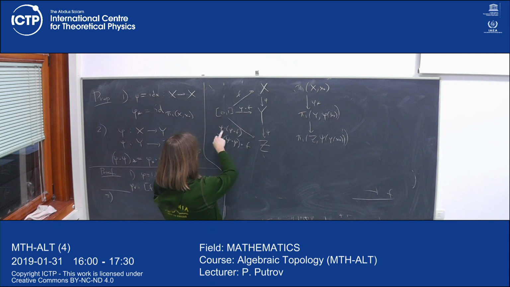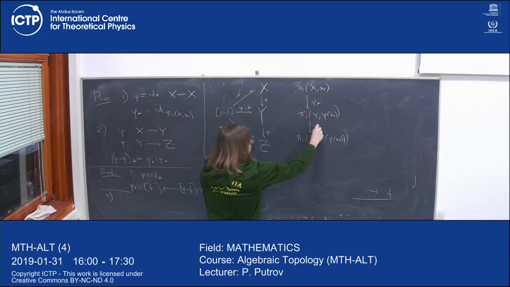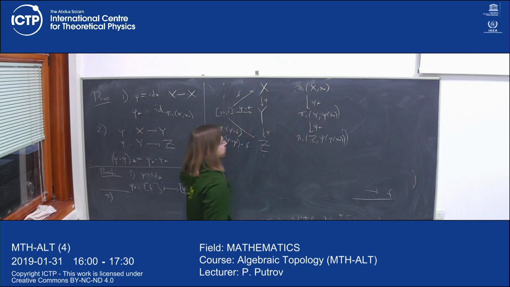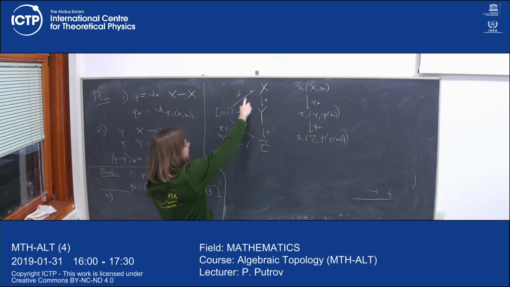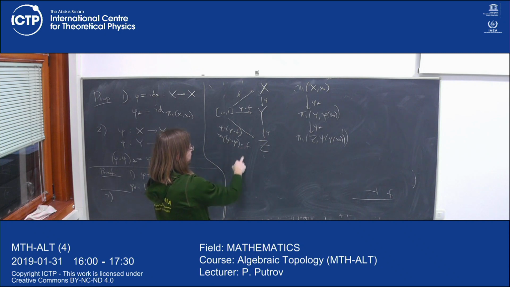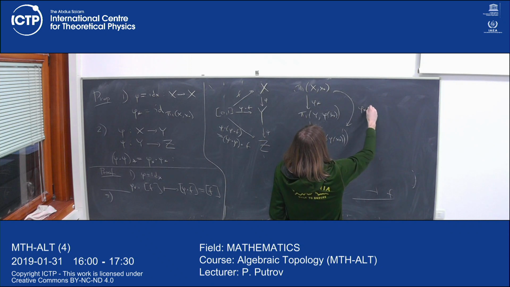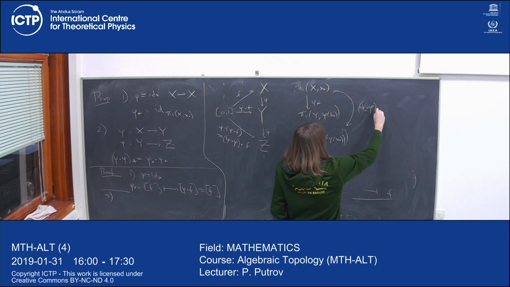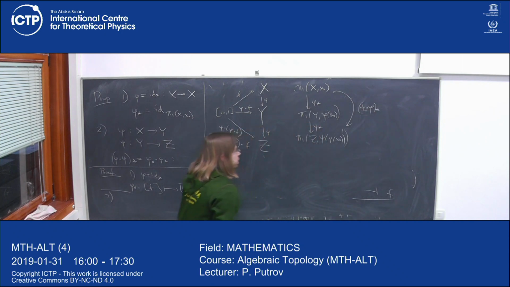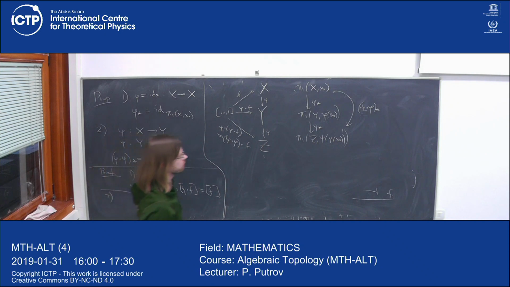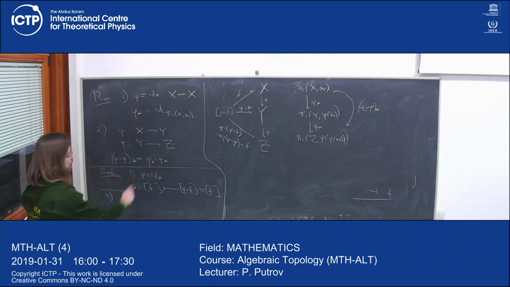Then this composition with psi gives a map psi star. But since we can directly go from X to Z by just taking the composition of psi with phi, this should be the same as the composition of psi composed with phi and then taking it back. So it goes this way or this way, doesn't matter. Then we show this property.